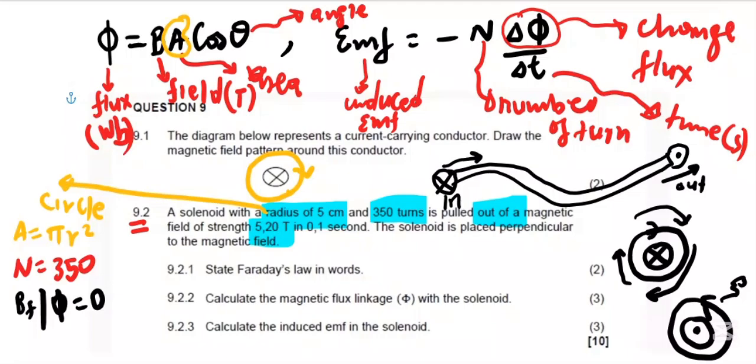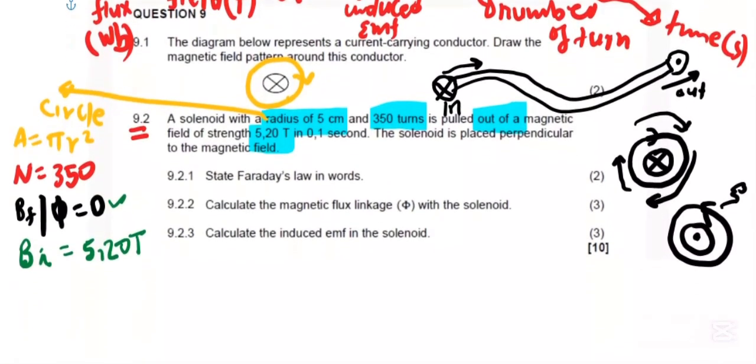The initial magnetic field was 5,20. Then it was pulled out, which means we go from 5,20 to 0. It is pulled out of the magnetic field in 0,1 seconds, which means delta T is 0,1 seconds.